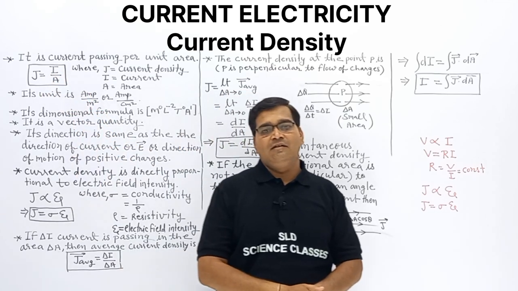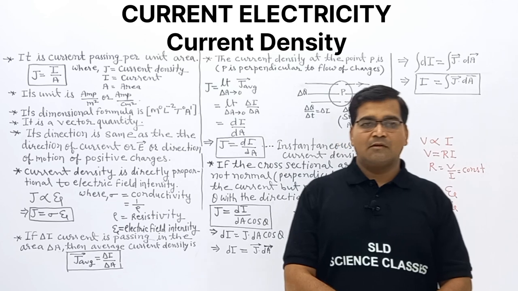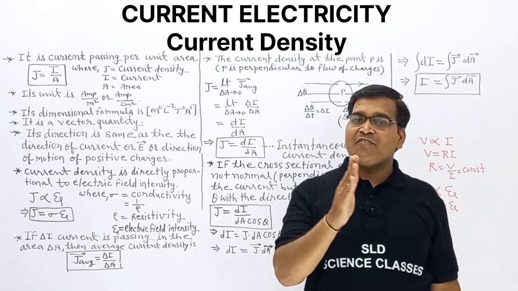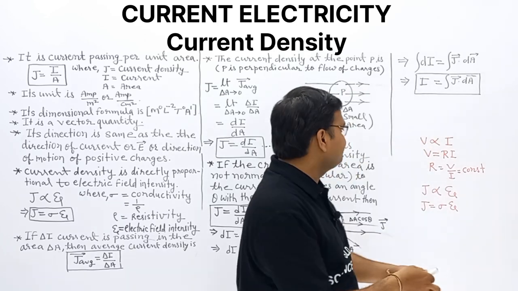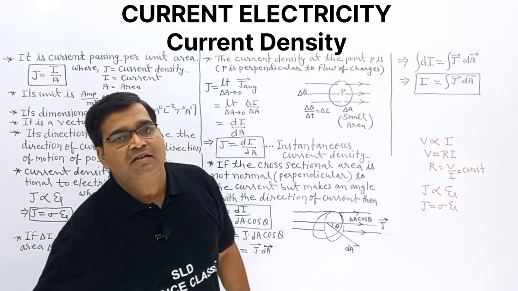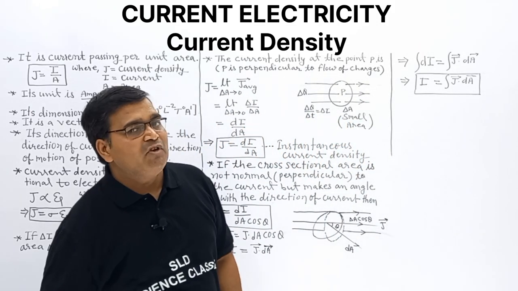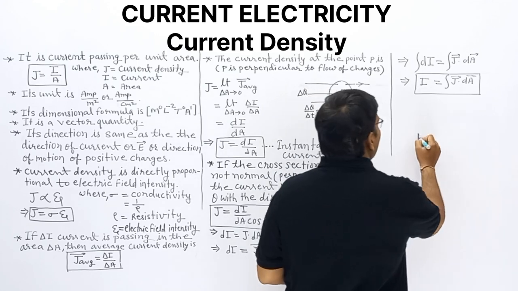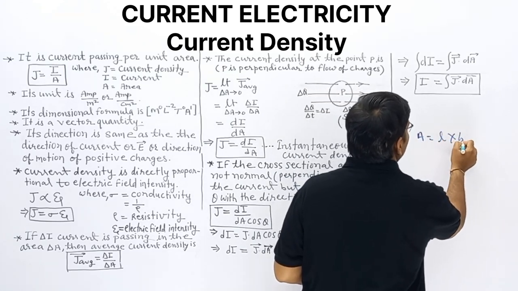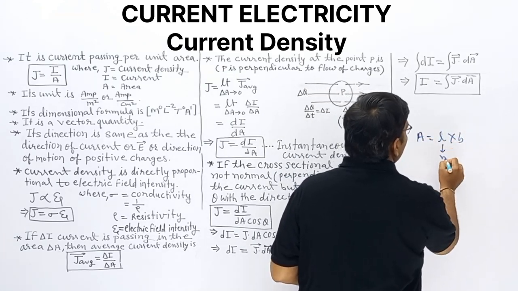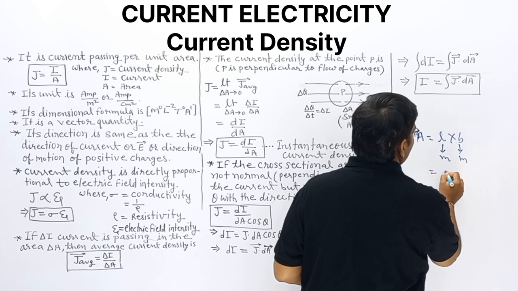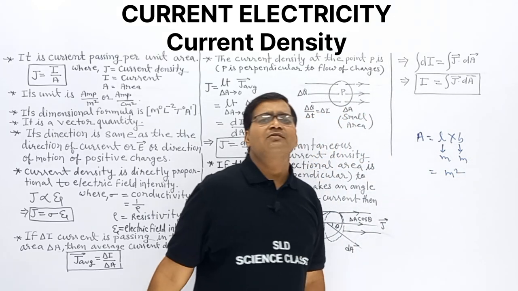Area is length into breadth. Length has unit meter and breadth has meter, so we can say meter square or centimeter square.